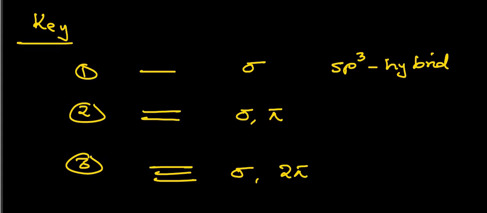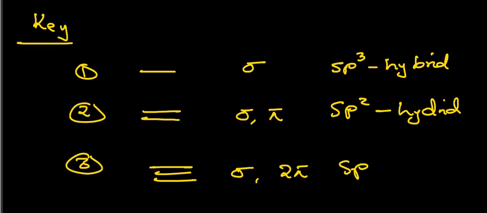Whenever you see a double bond, just know it's an sp2 hybrid orbital that is dominant. And whenever you see a triple bond, just know you are dealing with an sp hybrid. So we just said this is when you mix orbitals.